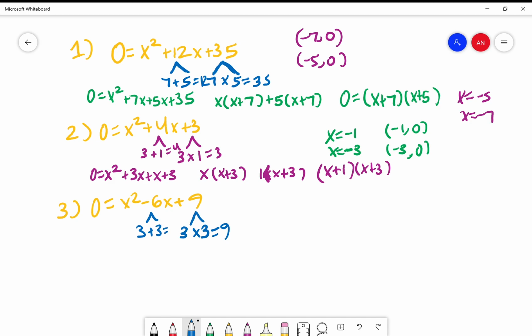So we have to find two numbers that multiply to 9, but are also negative. So we can do minus 3 times minus 3 equal to 9, because minus times minus is plus. And minus 3 plus minus 3 is equal to minus 6. So we got our magic numbers. They are minus 3 and minus 3.